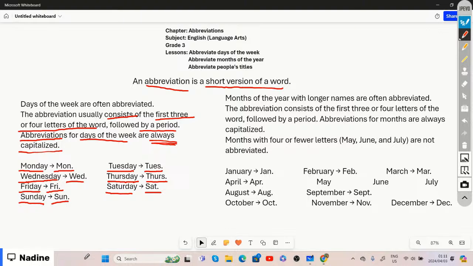So when it comes to months of the year, if the names are a bit longer, we often abbreviate them. So if the names are a bit longer, then we need to abbreviate those words. But if the names are not long, they are going to stay the same.